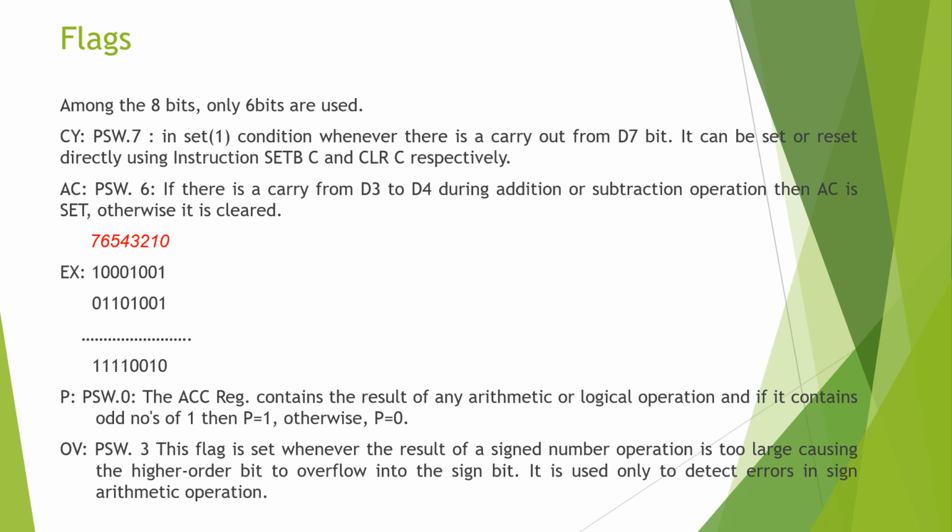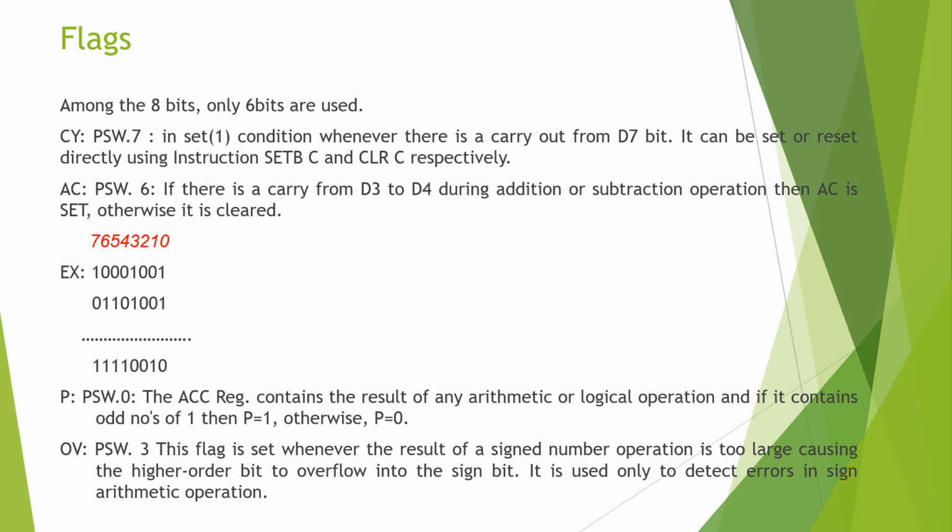The rest of the 7 bits indicate the magnitude, and if the D7 bit is equal to 1, the number is negative, and if D7 is 0, the number is positive. So basically this overflow flag is used in signed arithmetic operations.